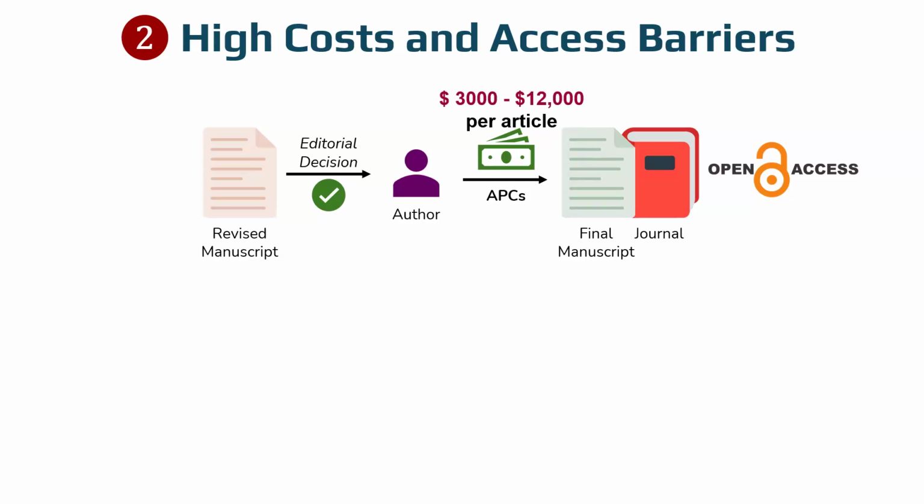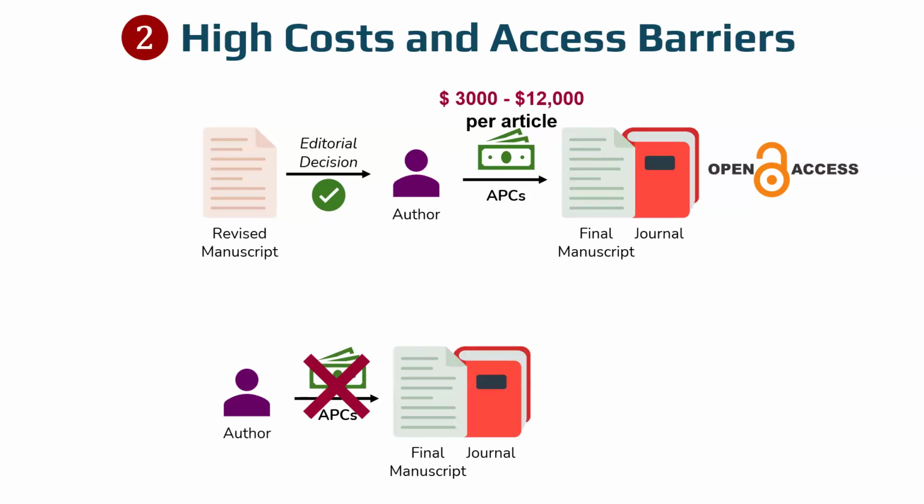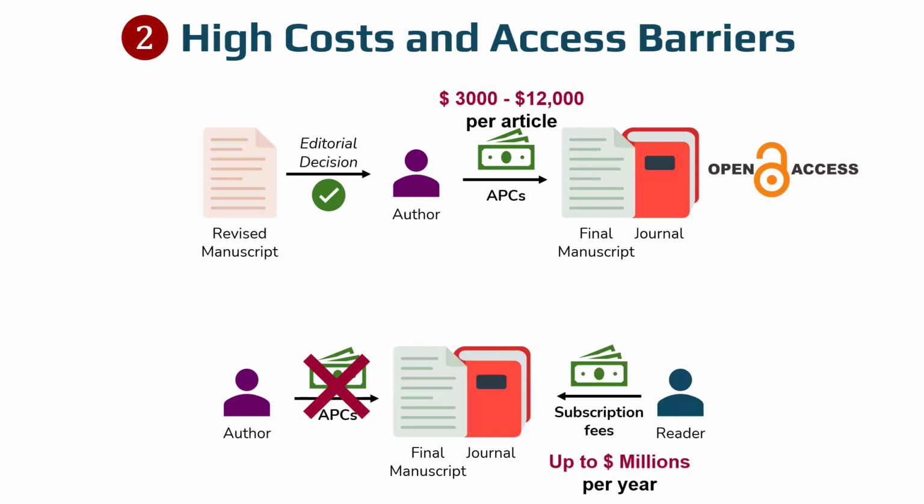ridiculous amount of money. Or if the author cannot pay the article processing charges, what the journals do is ask the reader to pay subscription fees. And these fees could range up to millions of dollars per year, especially for institutions. Sometimes universities have to pay subscription fees to publishers so that the people that work in these institutions can access the articles free of charge.